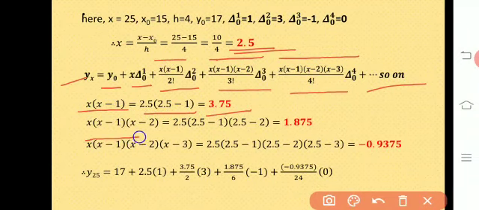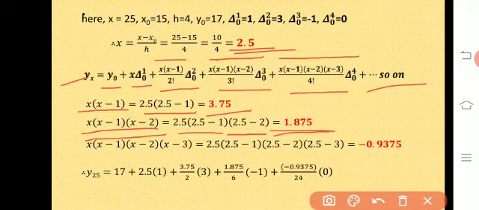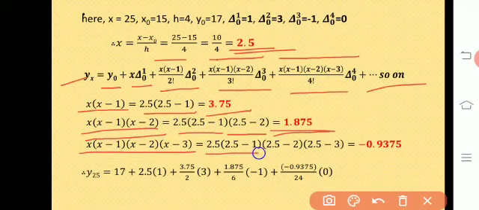Similarly, x into x minus 1 into x minus 2, which is equal to 2.5 into 2.5 minus 1 into 2.5 minus 2. If you simplify this, you will get 1.875. Similarly, x into x minus 1 into x minus 2 into x minus 3, which is equal to 2.5, that is value of x, into 2.5 minus 1 into 2.5 minus 2 into 2.5 minus 3.